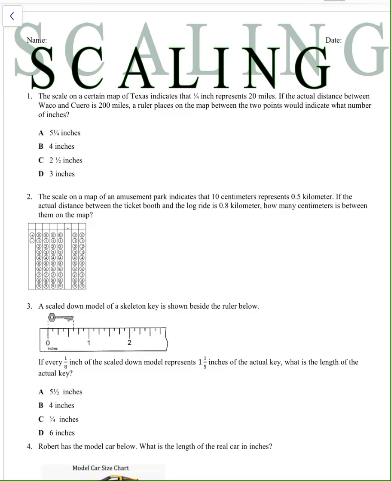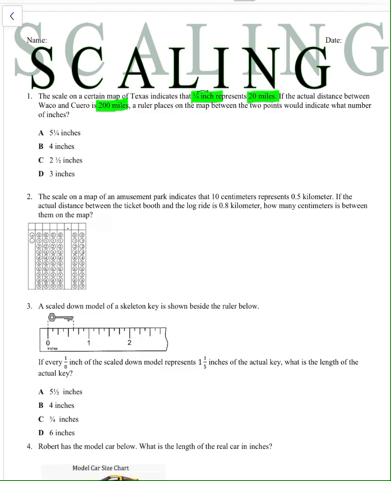It says the scale on a certain map of Texas indicates that 1/4 inch represents 20 miles. If the actual distance between Waco and, I'm not sure how to say that word, is 200 miles, a ruler placed on the map between the 2 points would indicate what number of inches? Okay, so what are we comparing?